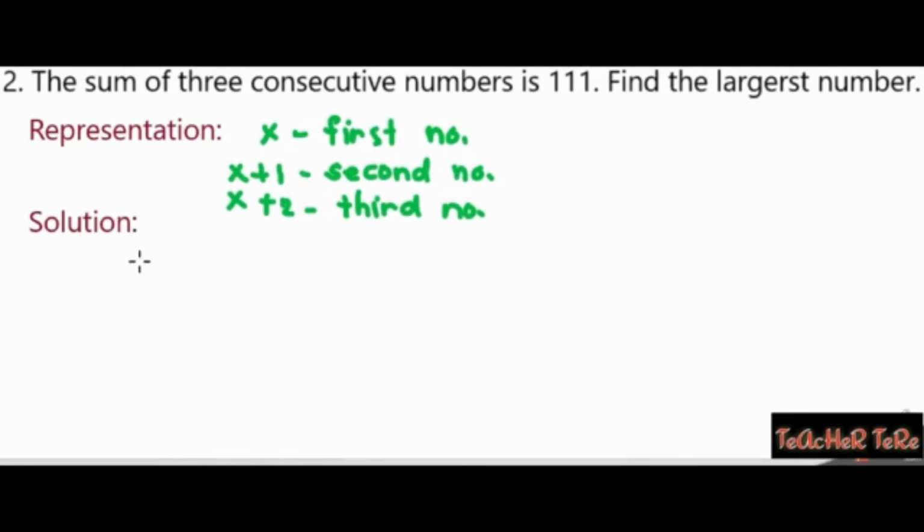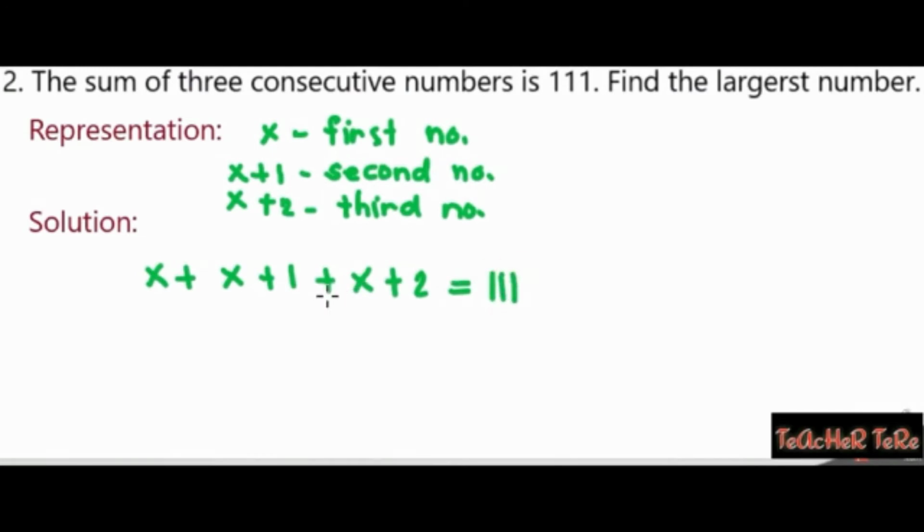Okay, let's solve it. The given is the sum of the 3 consecutive numbers is 111, meaning if you're going to add these 3 numbers, you will get 111. So my equation will be x, the first number, plus the next consecutive number, which is x plus 1, plus the next consecutive number, x plus 2, which is equal to, their sum is 111.